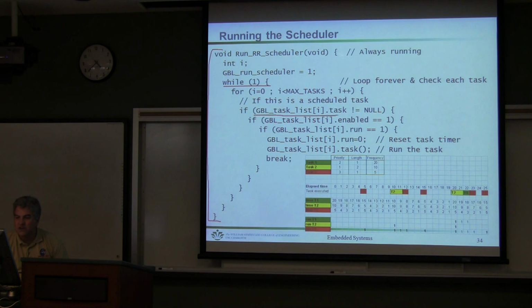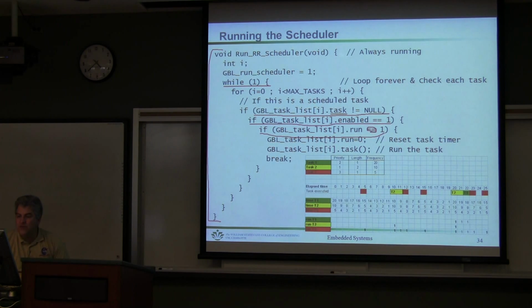One by one, it will go through your tasks. And if the task has actually been assigned to some sort of memory location, in other words, if there actually is a function identified, this will be identified as having a real address, so it exists. Now, if it is a task that's enabled, you can check to see if it is time to run this task.